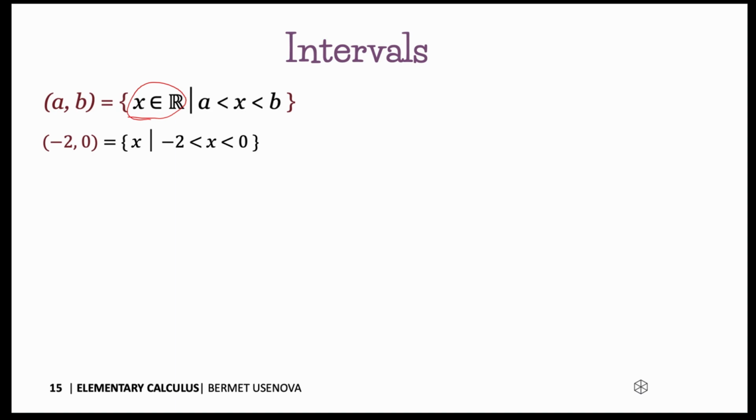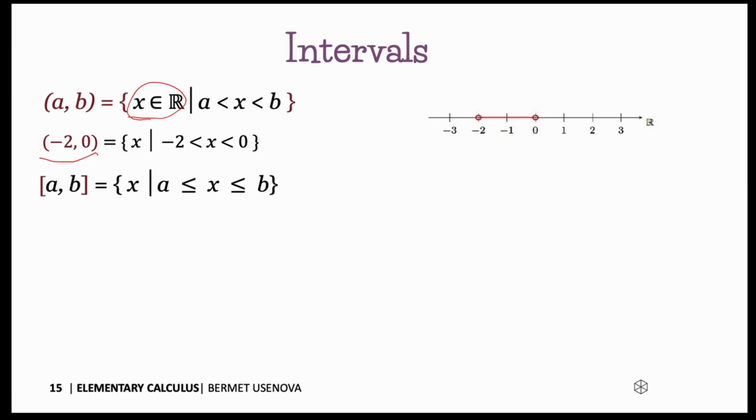So what's the difference? Here is an example of an open interval. What does it mean? It means that it contains only the numbers in between, without -2 and 0. In contrast, the closed intervals will include boundary points, so these are included.